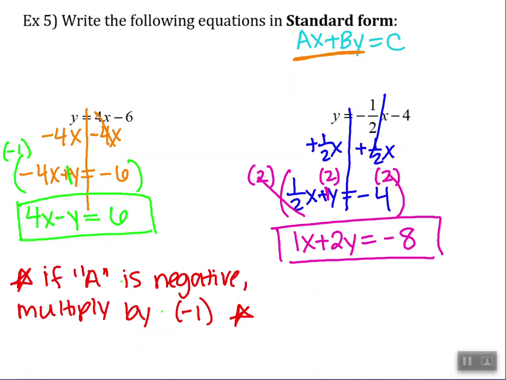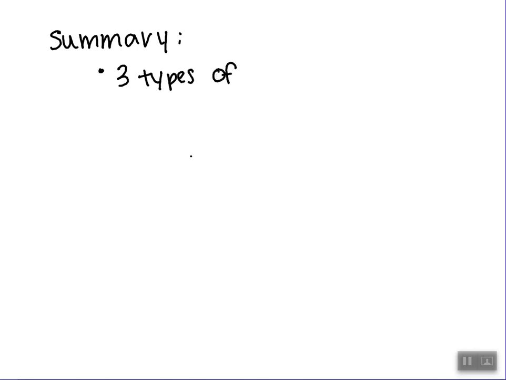So we've looked at 3 types of equations. Okay, so just in your summary, at the bottom, we have 3 types of equations. And we're asked to go from one to the other.